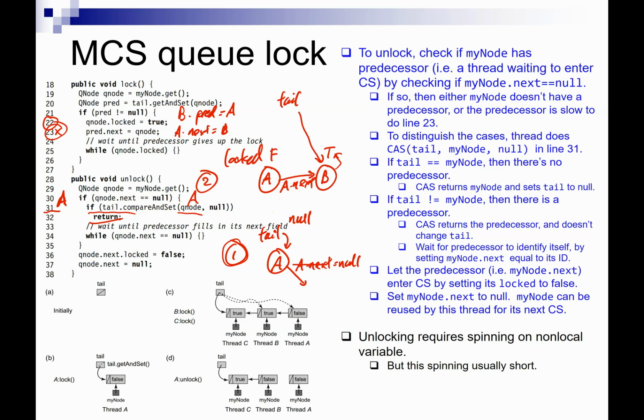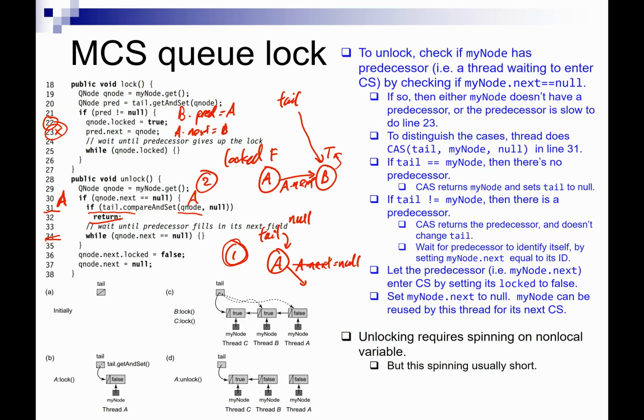A needs to wait for B to do line 23 because the only thing A knows is that he is not the only node in the queue. He doesn't know who's behind him in the queue. It's only B that knows that A is in front of me. A does not know that B is behind A. But B knows that A is in front of B. So that's why A here needs to wait for B to set A dot next.